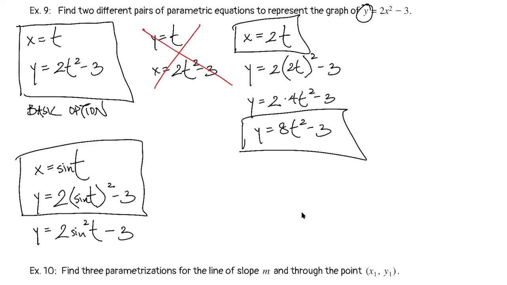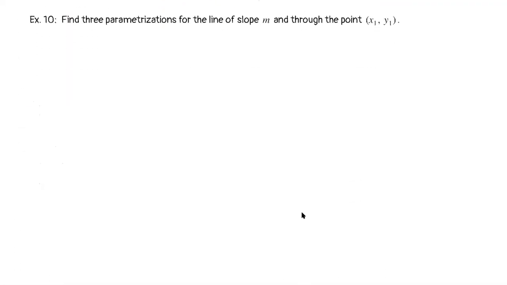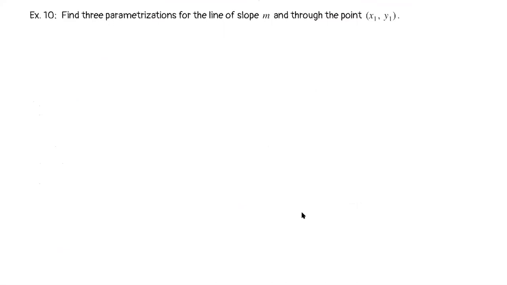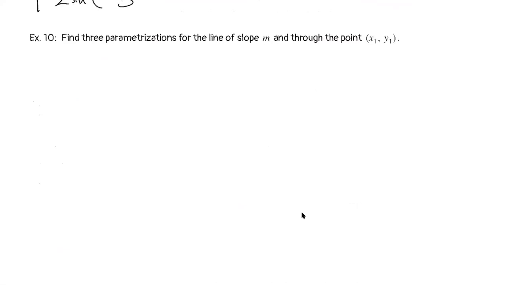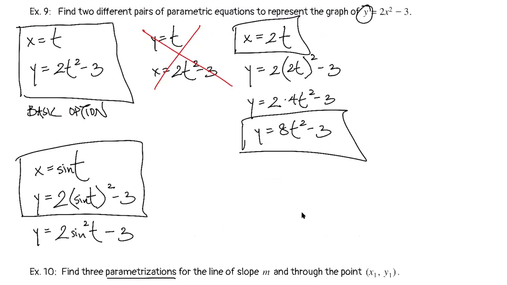I'll take it. Okay, one last example. Example 10. Find 3 parametrizations for the line of slope m through the point x1 comma y1. This is just a really fancy way of saying find some parametric equations; in fact, find 3 pairs of parametric equations that satisfy these constraints.